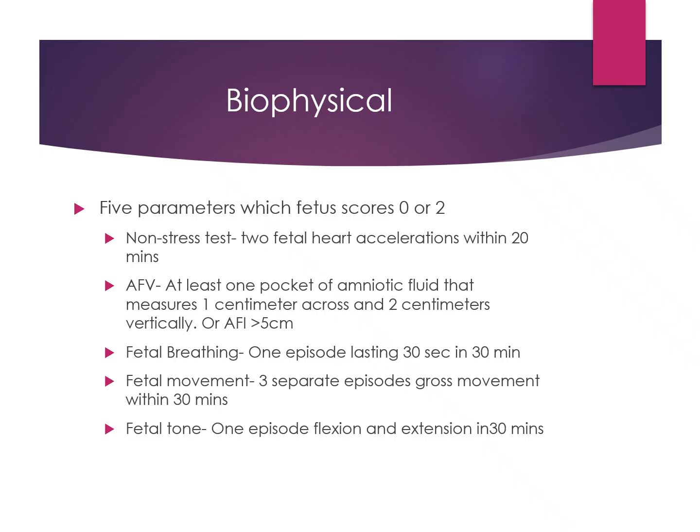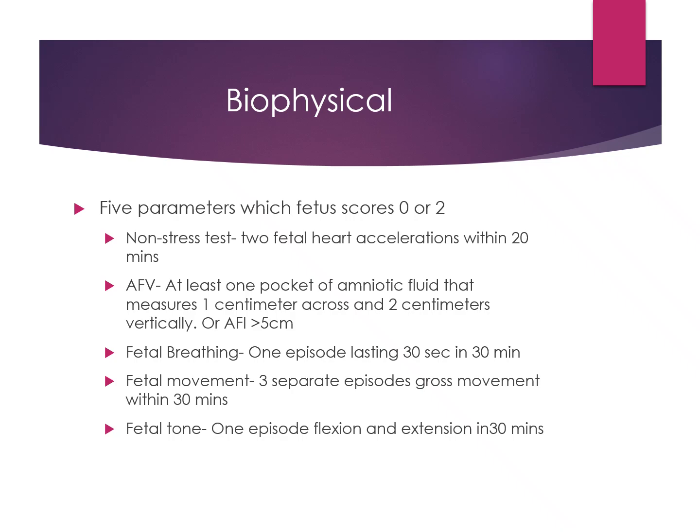If you get 2 gross movements, it's a 0. If you get 1 breathing episode of only 15 seconds or 25 seconds, that is considered a 0. They do not get a 1.5 for doing half of the job. So a 0 or a 2, and then we watch the baby depending on how they scored.